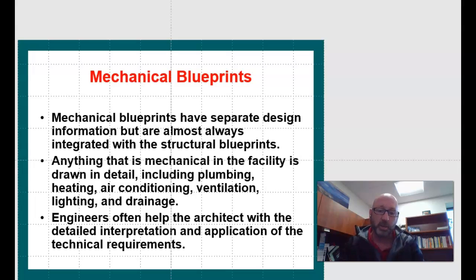You probably have no idea what, maybe you thought it was either mechanical or electrical or something like that, but it's basically the rainwater collection systems. Engineers often help the architect with the detailed interpretation and application of the technical requirements.